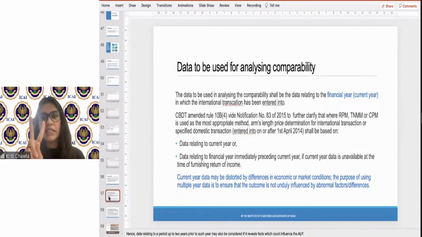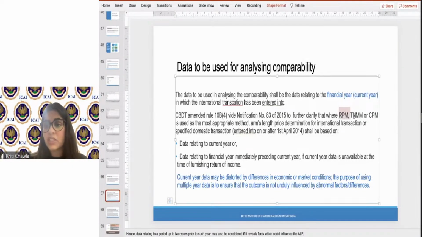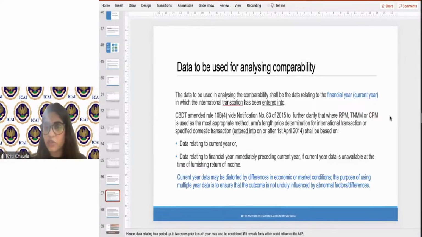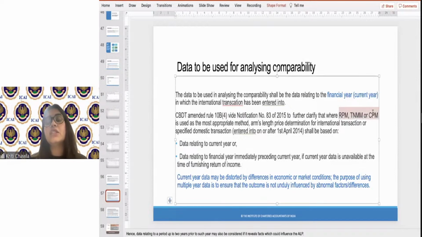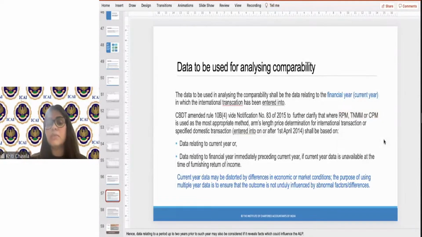This 2 year data, which is multiple year data, can actually be used only for RPM, which is resale price method, TNMM, or cost plus method. Otherwise, this cannot be used. Otherwise, you have to use current year data. But if you're using these three methods, then you can actually use multiple year data, which is going to be the current year data and the data of 1 year before the current year.